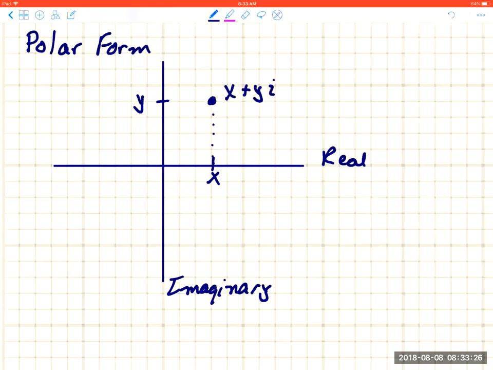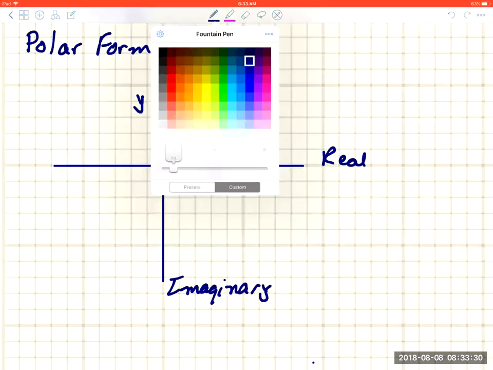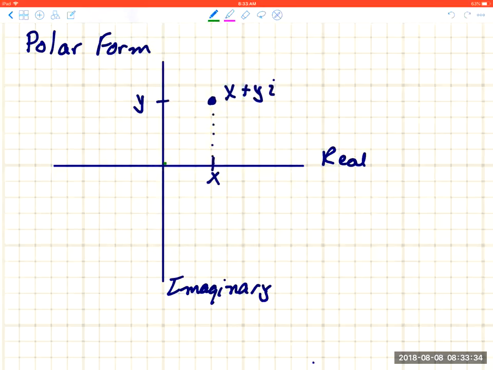If we think about building a right triangle from the origin to that point, we can see that this is inclined at an angle theta.